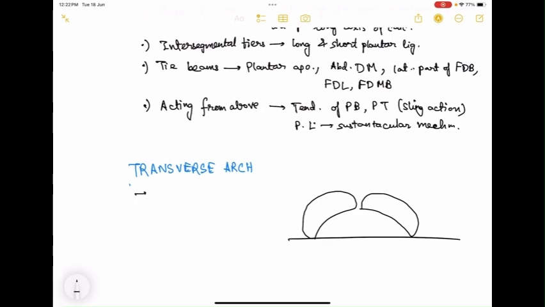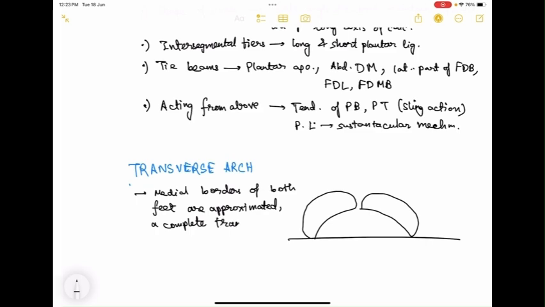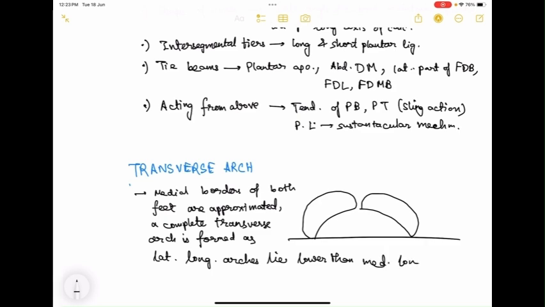See, the points are like this. Medial borders of both feet are approximated. A complete transverse arch is formed, as lateral longitudinal arches lie lower than medial longitudinal arches.